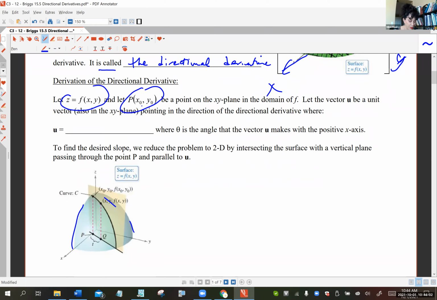And let's talk about a point P with coordinates x naught, y naught, that's down here in the xy plane, because that's one of the domain points. And then you have a vector u that's a unit vector that's also in the xy plane, that's going to point you in the direction that you'd like to take your slope.